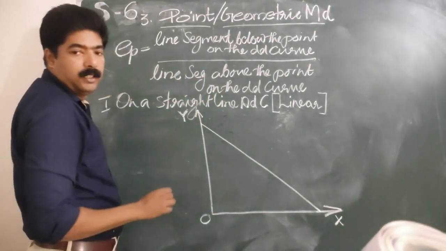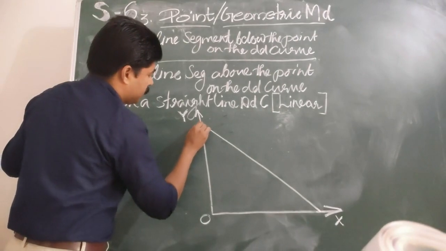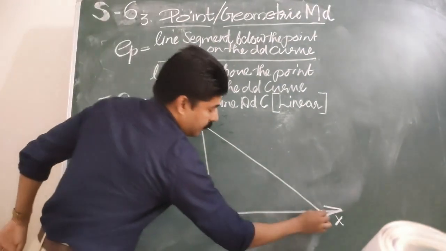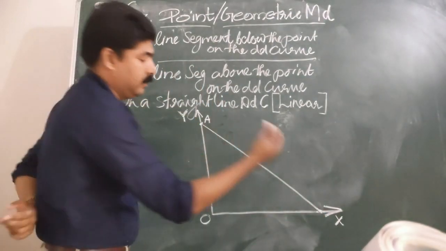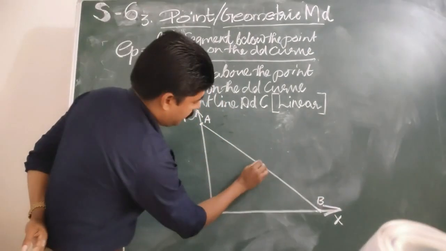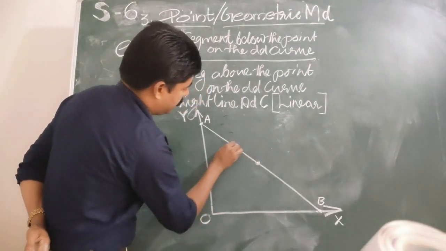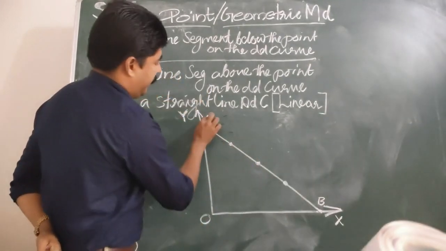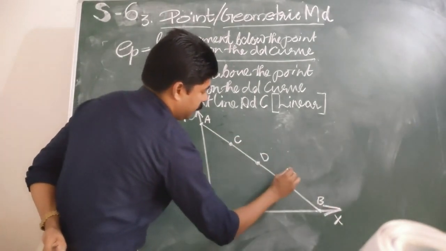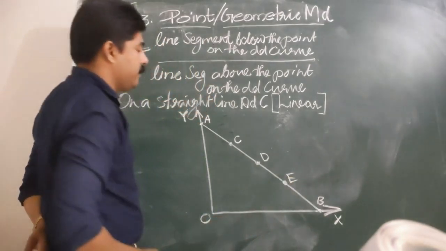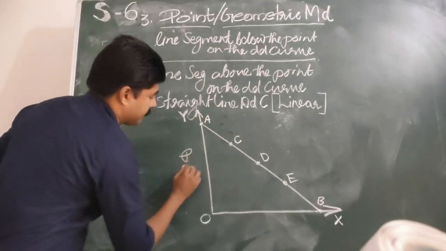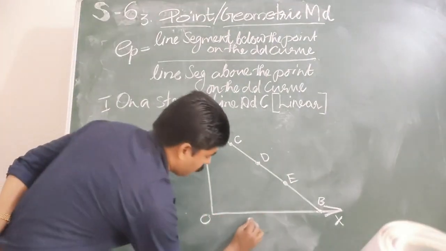The first point where it touches here is point A. At the other end it also touches, and I am giving it point B. The other 3 points are at the center, here and here: C, D, E. So 5 points, please note it down. On the y axis you write price, and on the x axis you write quantity.